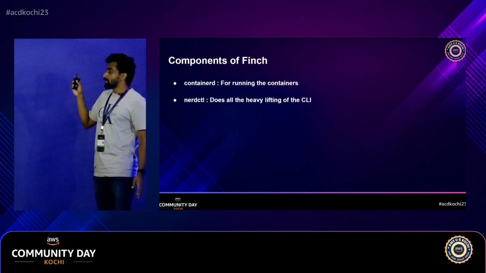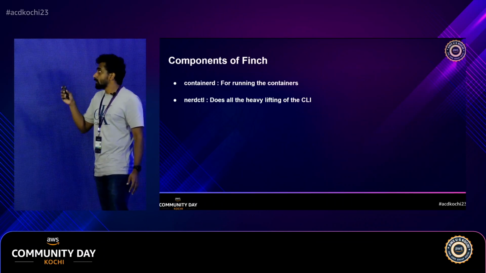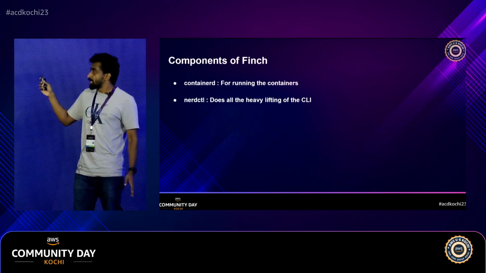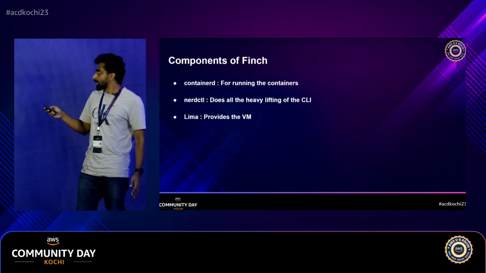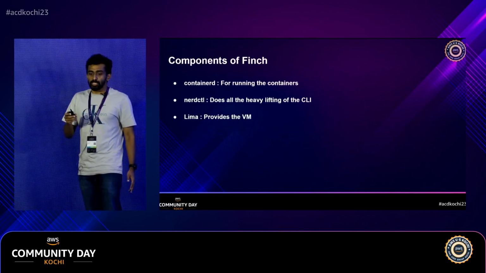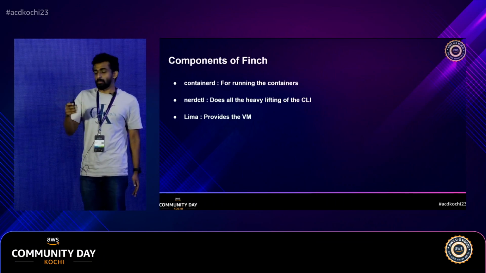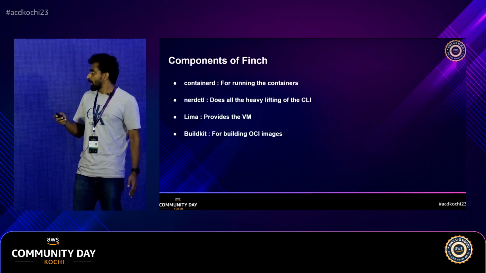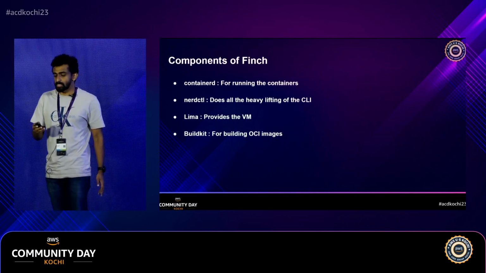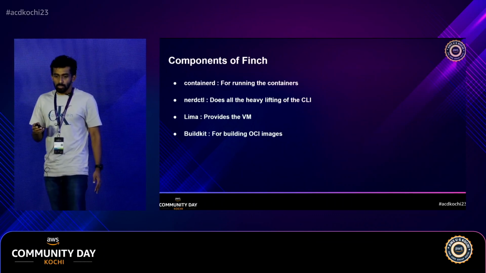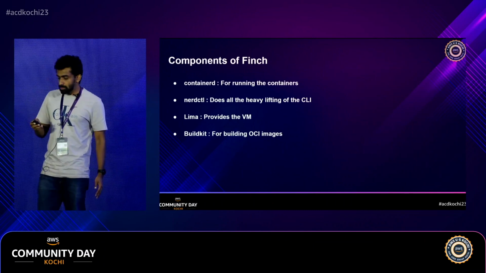This binary does all the heavy lifting of the CLI. nerdctl was developed for containerd itself. Then you have Lima. This is for providing the VM on Mac. And then you have BuildKit. This tool is used for building the OCI images.